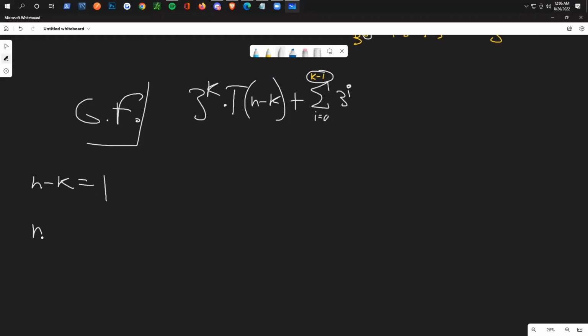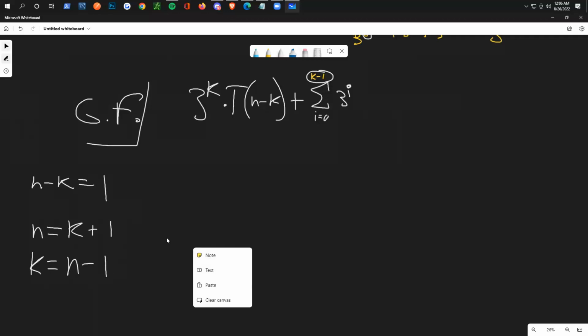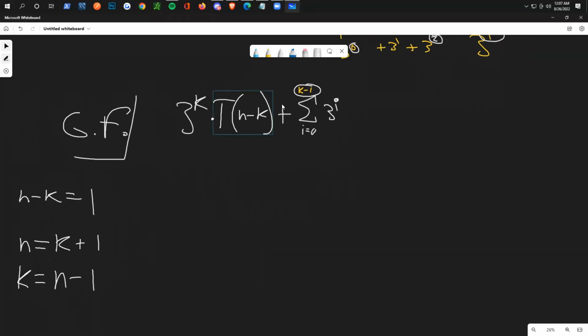So that means we're going to have n minus k equals 1, or k plus 1. And also we know that k is going to equal n minus 1, right? Okay, so that's good. Now let's just plug away.